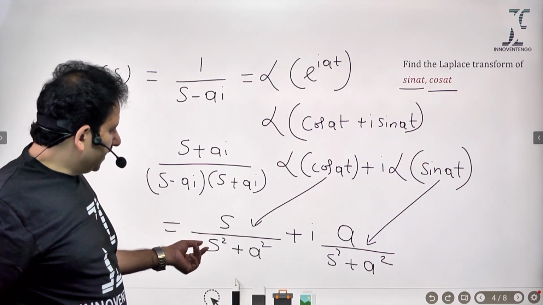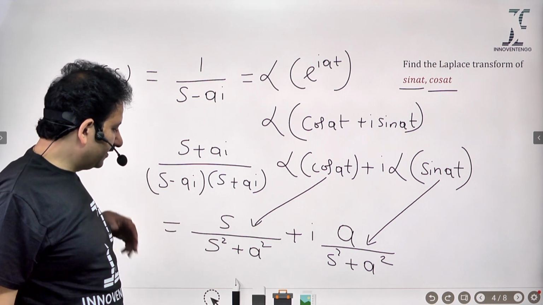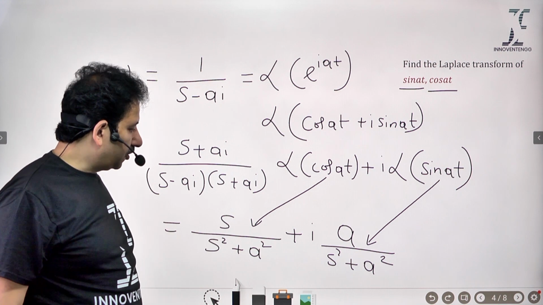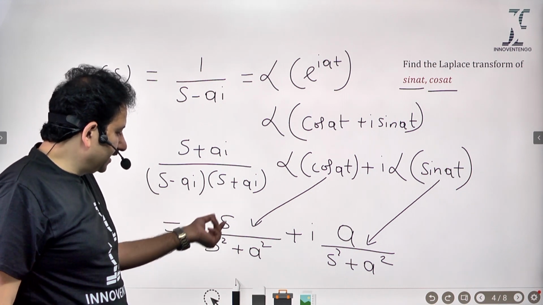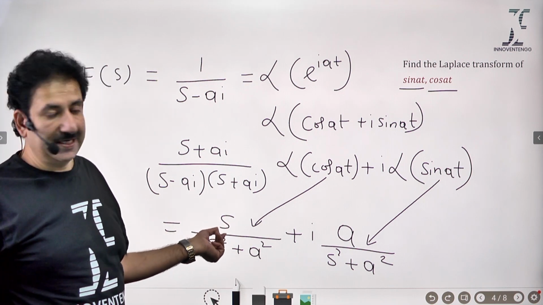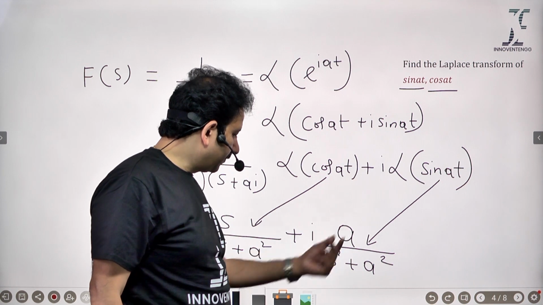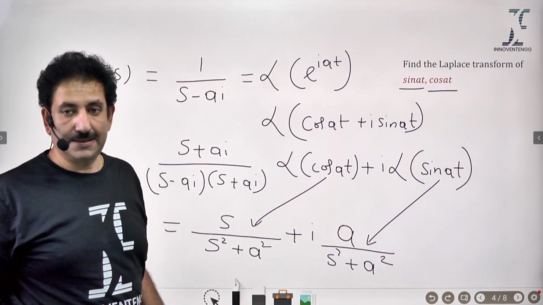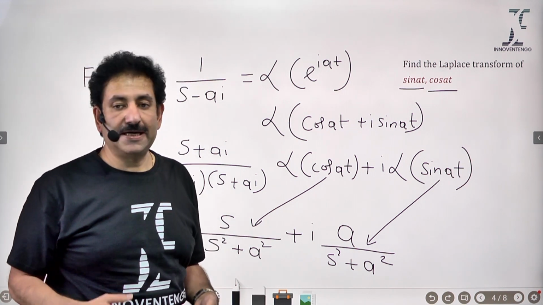And here is one basic academic instruction for you, because most students, whenever they consider the Laplace transform of sine and cos, actually miss out. Cos ends with s, so therefore s comes in the numerator. Sine ends with n, so it does not come in the numerator, but this a will appear in the numerator. Now this is something that is very, very academic and mundane.